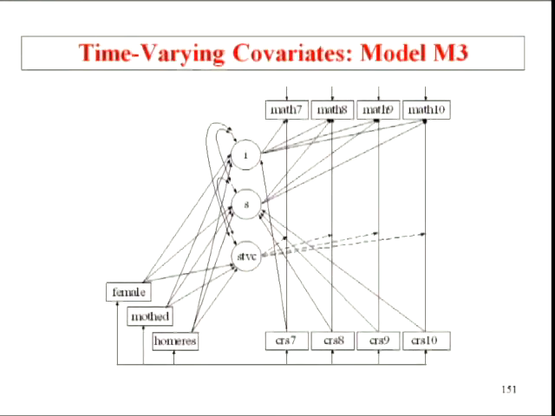So let's look at it a little bit. And we see that course taking in grade 7 influences I. That was the left out path that we saw a very strong signal about the need to include that. But now we're also letting course taking in all grades influence the growth rate.